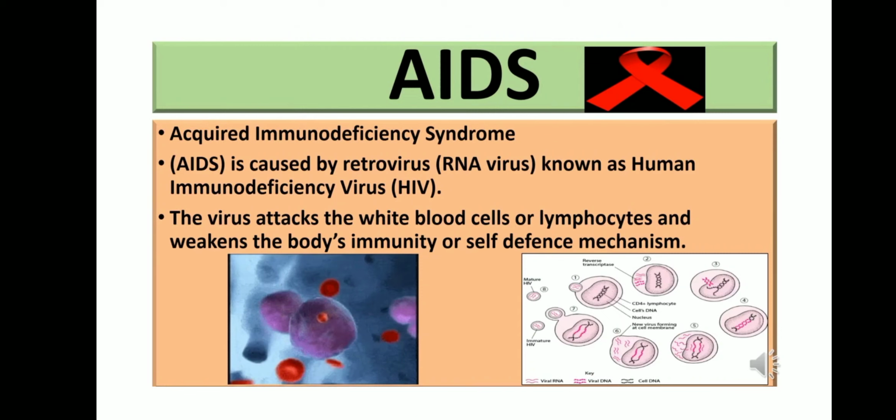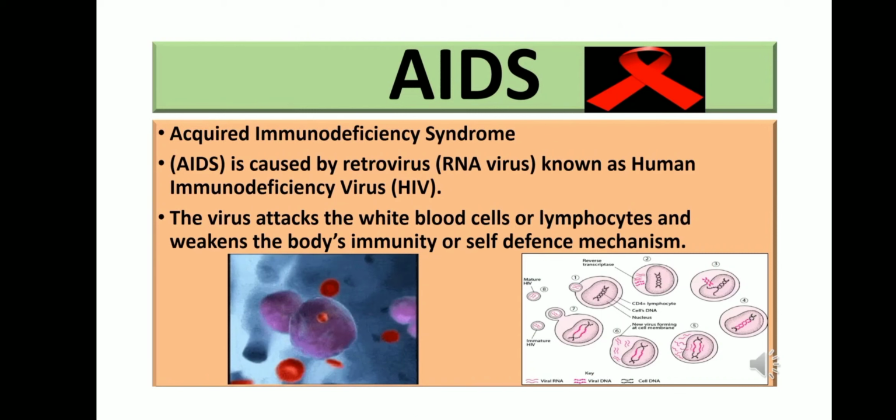It is caused by a retrovirus. This disease AIDS is caused by a retrovirus known as human immunodeficiency virus. If this virus makes entry into the body, it will affect especially the immune system.